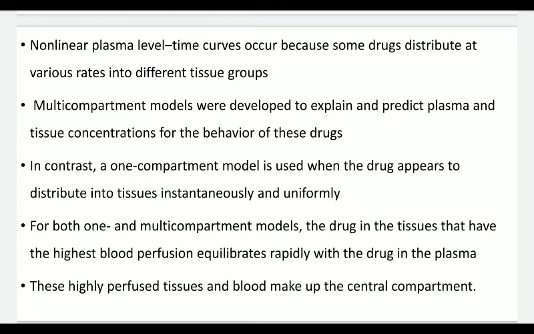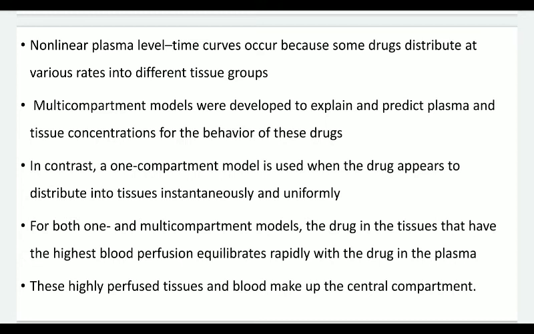Also, the affinity of a particular drug to a particular tissue plays a very important role. So after the administration of drug, we would not be able to see a linear plasma level time curve because the distribution of drug across various tissues is not uniform. Multi-compartment models were developed to explain and predict plasma and tissue concentration for the behavior of these drugs.